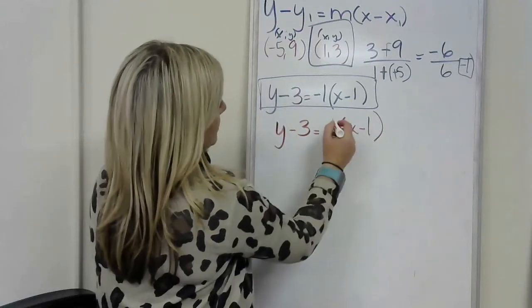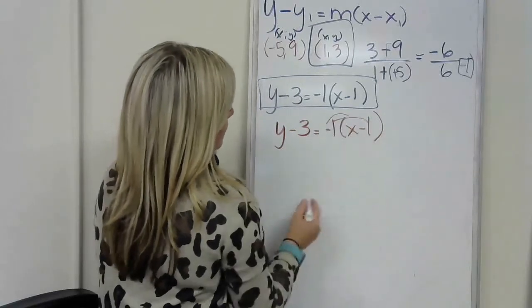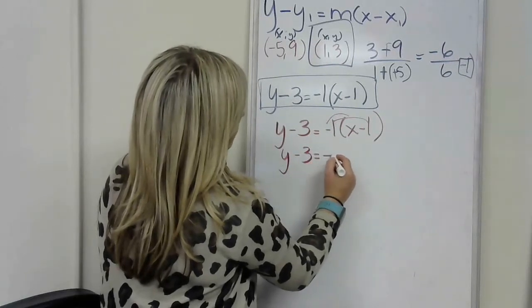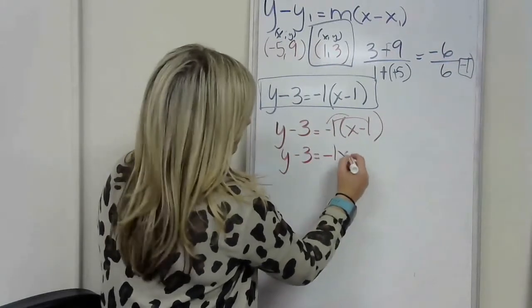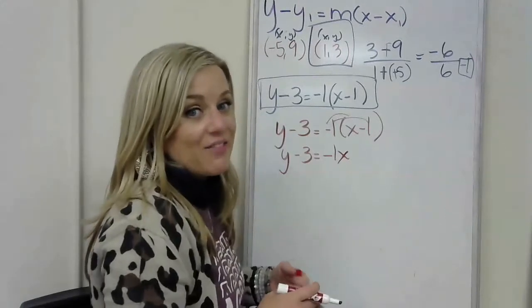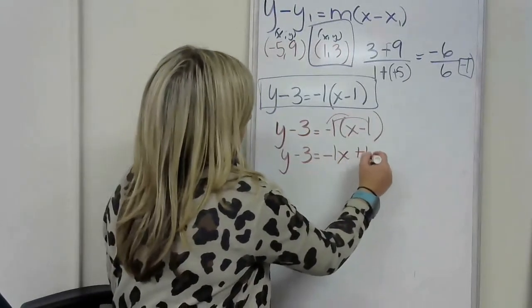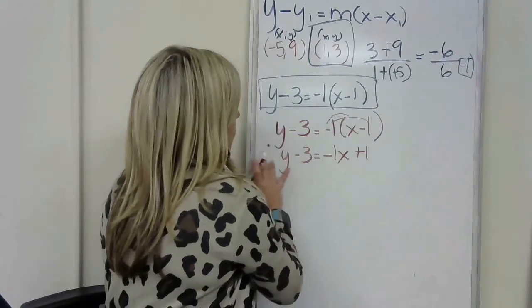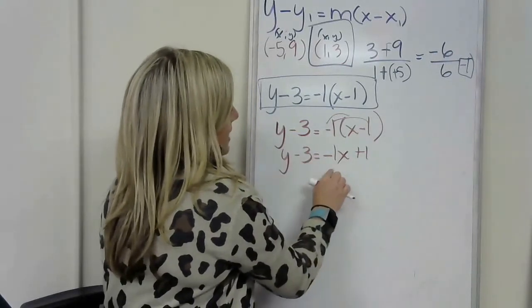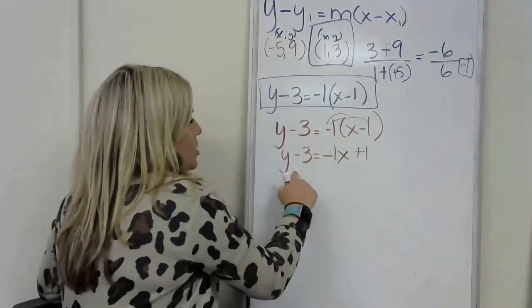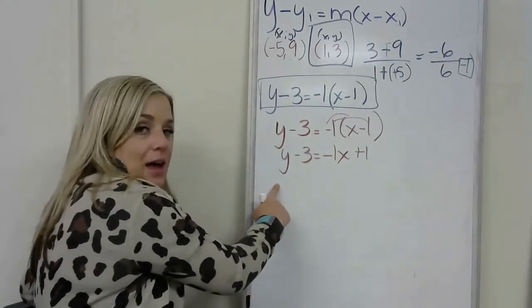All right, now I'm going to distribute this negative 1 to everything inside. Y minus 3 is equal to negative 1x, or if you just want to put negative x is fine. And negative 1 times negative 1 is positive 1. All right. So now I have y minus 3 equals negative x plus 1. So I'm going to get rid of this 3 over here because I want to get y by itself.